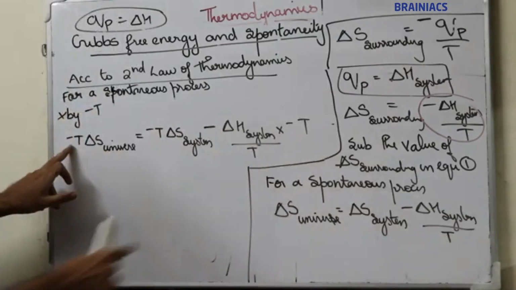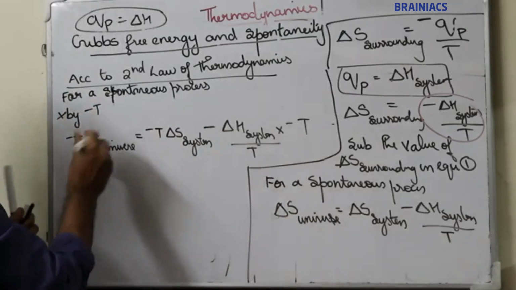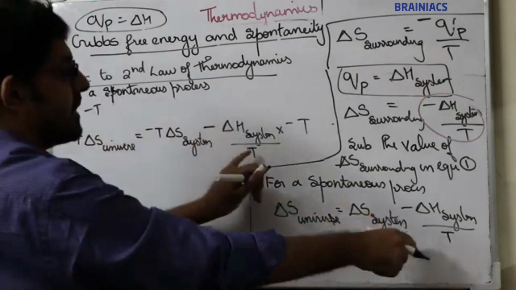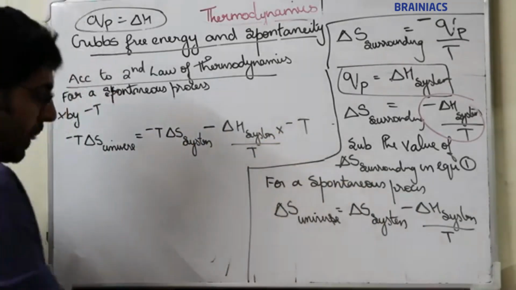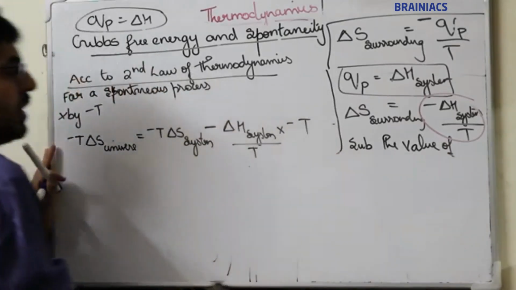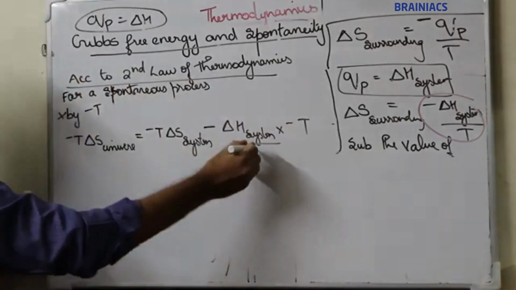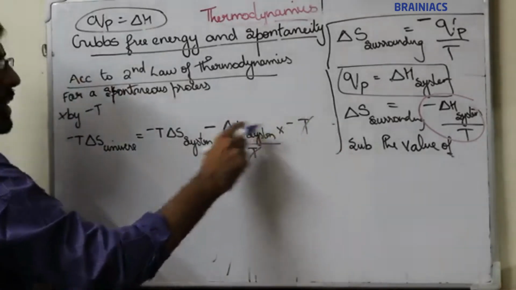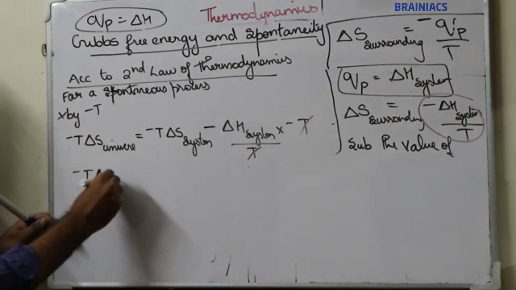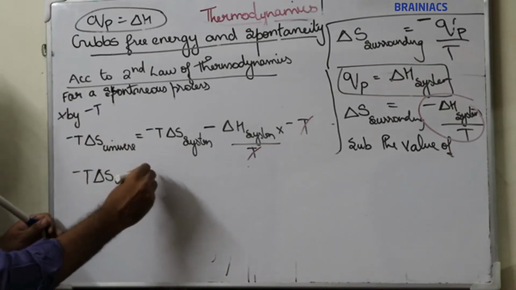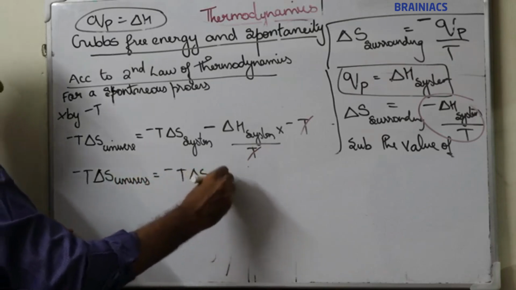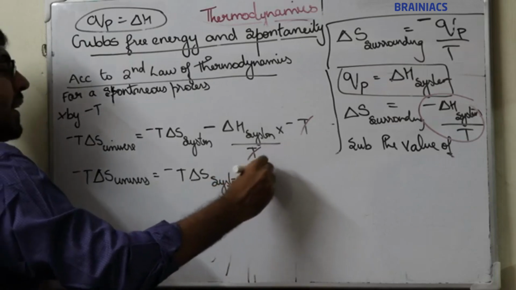So we'll get minus T delta S universe is equal to minus T delta S system minus delta H system into minus T. Now T and T cancel each other, minus into minus is plus, so you will get minus T delta S universe is equal to minus T delta S system plus delta H system.